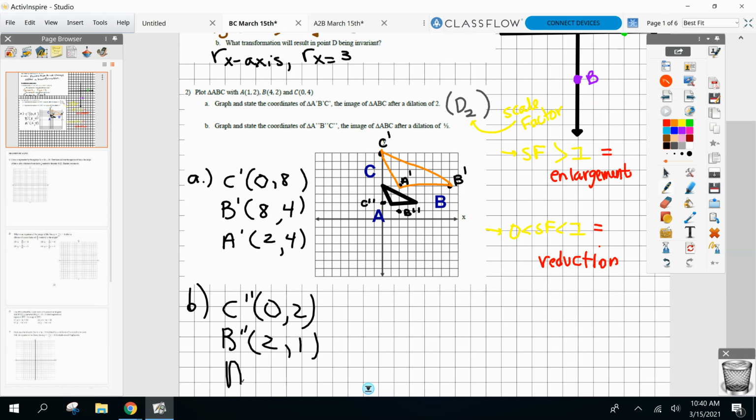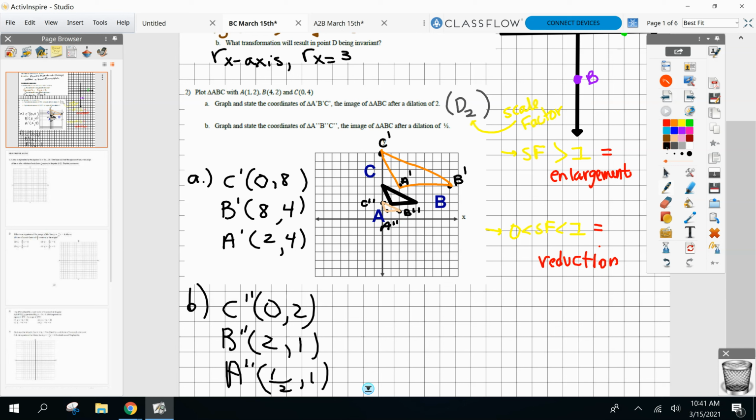And then A double prime, just do your best graphing it, because I know it's going to end up being 1/2, 1. And there you go. That's why it got smaller. It's getting smaller because all the coordinates are getting closer to the origin.